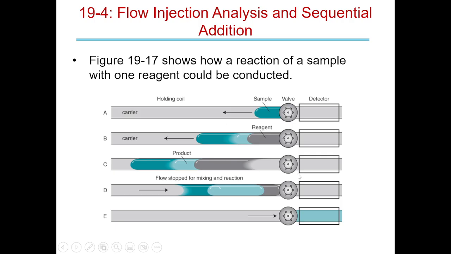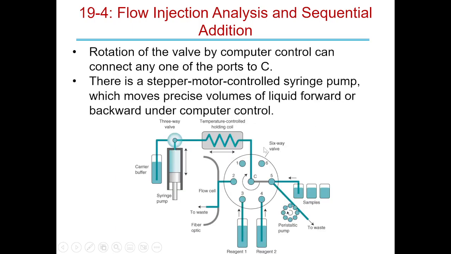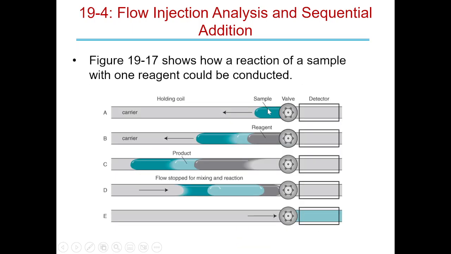So this shows how a reaction of a sample with one reagent could be conducted. So here we have that 6-way valve here. See that? Okay. So in here we have the holding coil and the carrier right here. So you inject your sample into here. You're then going to inject your reagent. And remember, this is hooked up to both of those, right? So it's going to inject sample, then reagent. Okay, so now it goes off to that mixing holding coil.